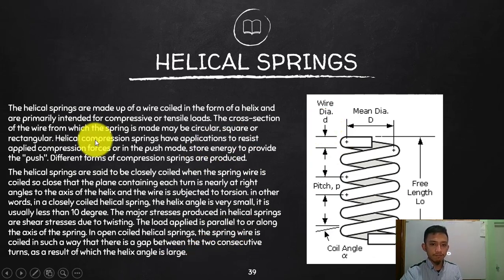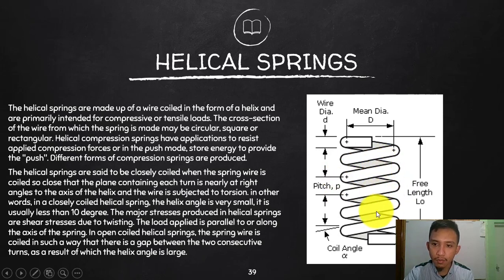So you can read about this helical spring in this description here. By the way, this helical spring is actually made by turning this wire, which is originally compressed in the shape, and it is wrapped around on a circle.